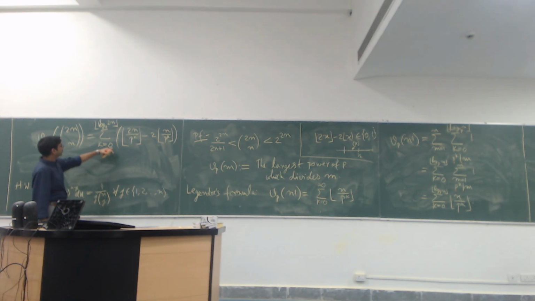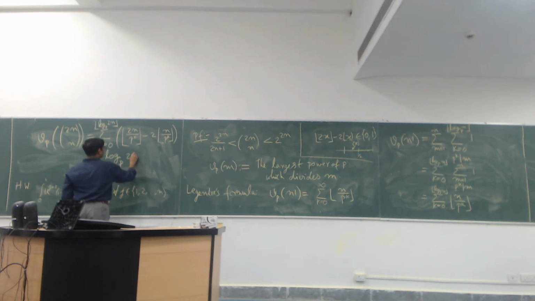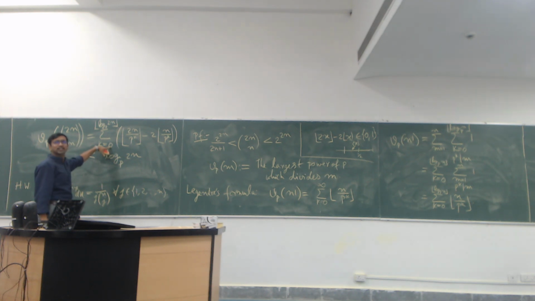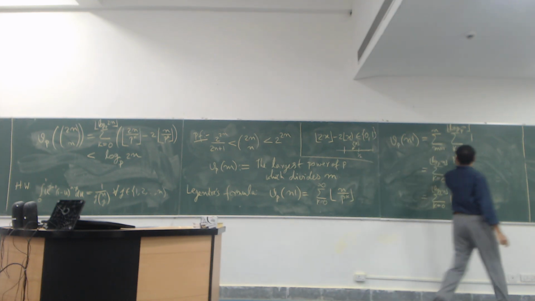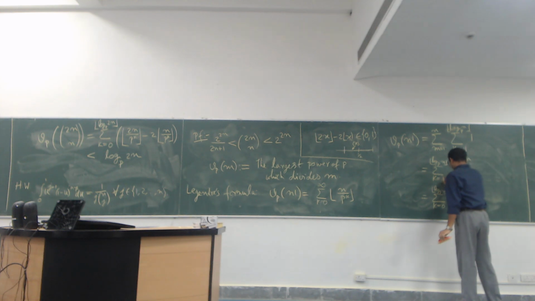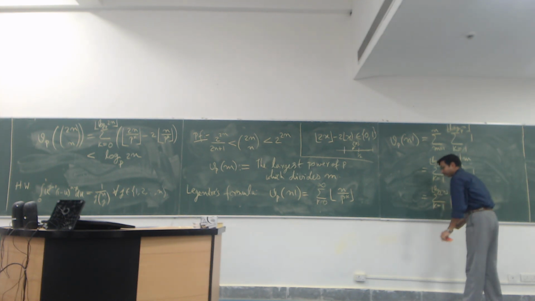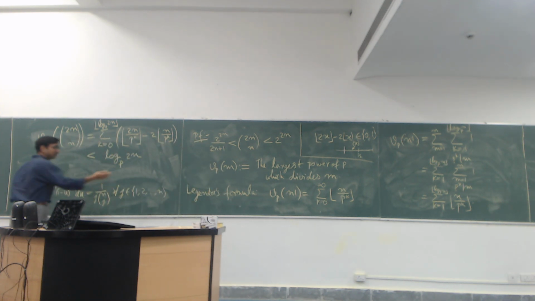So in particular that means this sum is bounded above by the number of terms. It starts from 1, not from 0, because we're not counting the number of times 1 is dividing, but the number of times p is dividing.